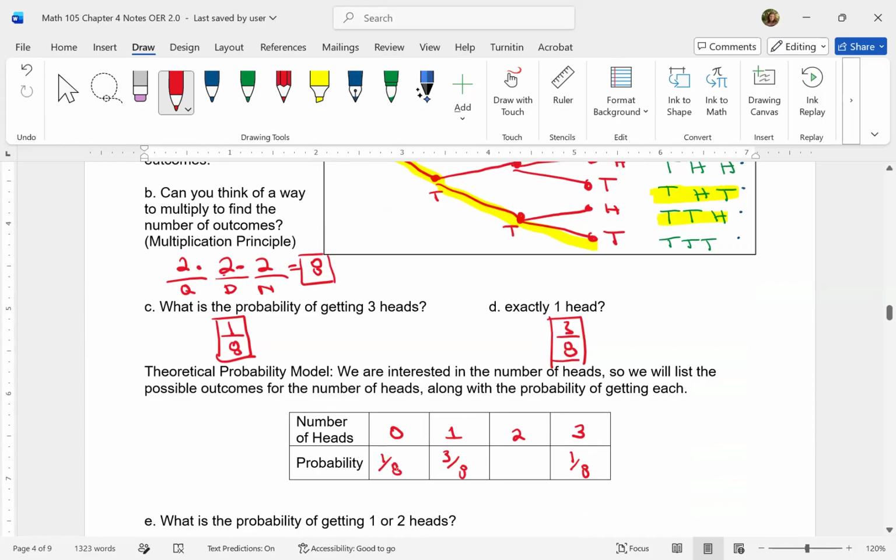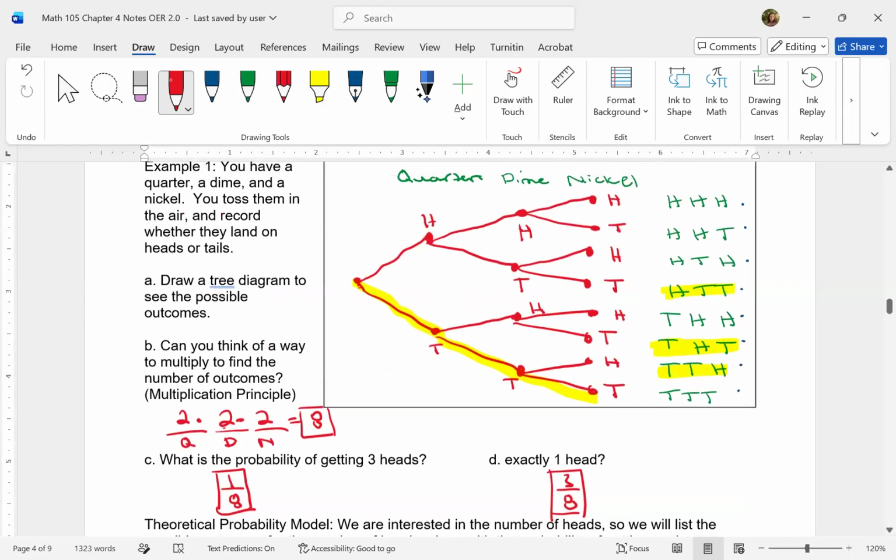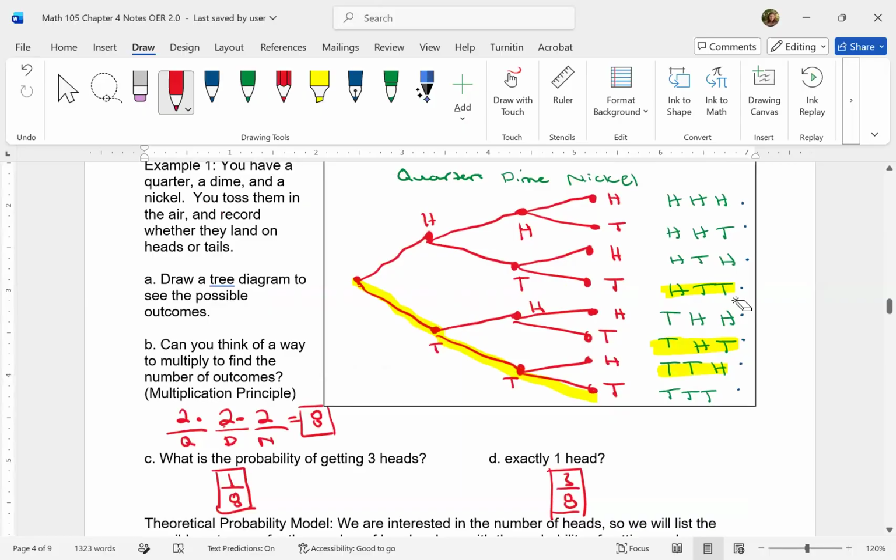And then 2 heads, so we'd be looking for all the possibilities where, here, I'm going to try to erase those highlights. Sweet. 2 heads would be, okay, this one would count, 2 heads, 2 heads, 2 heads. So again, 3 out of 8.